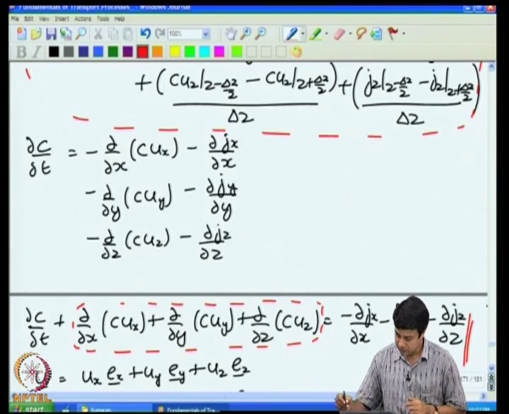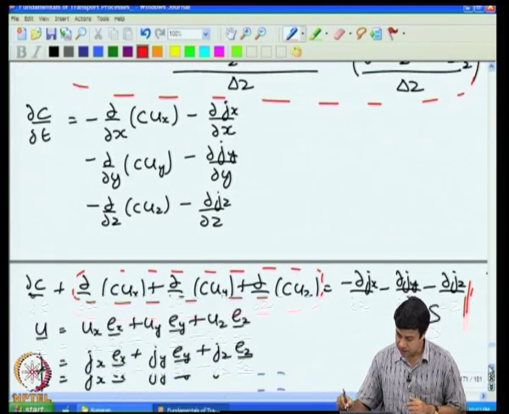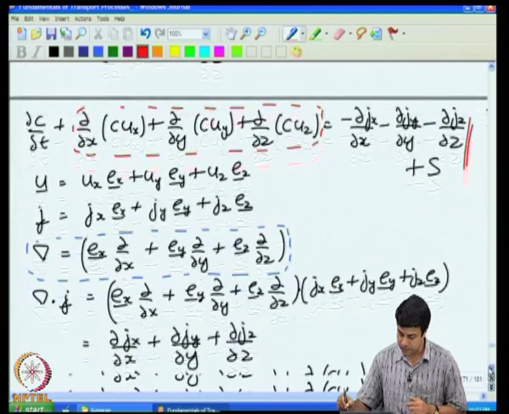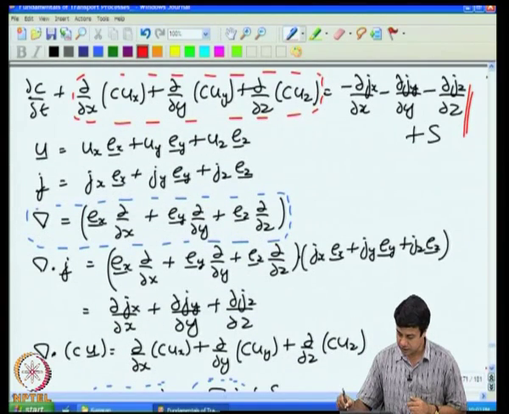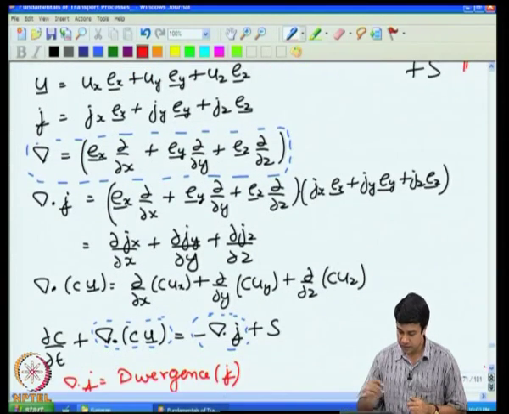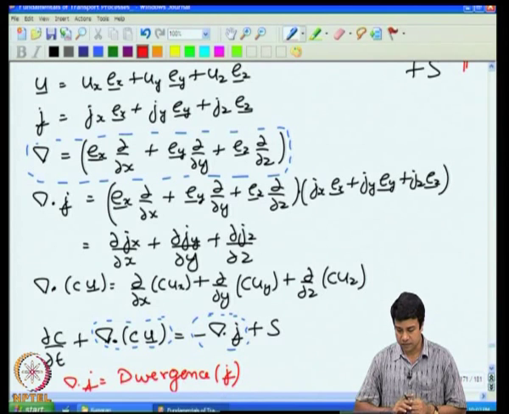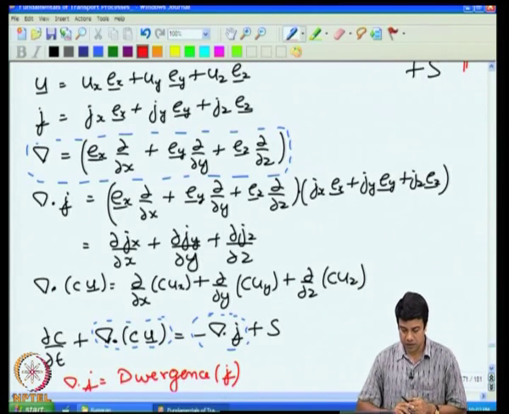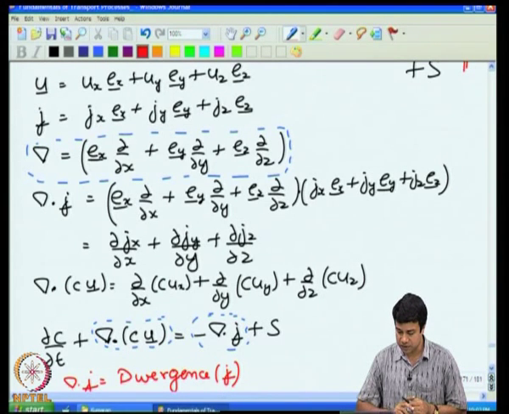So, that can be written as del dot C u. C is a scalar, u is a vector. Therefore, when I take the dot product of the gradient operator and C times u, I get d by dx of C u x plus d by dy of C u y plus d by dz of C times u z.